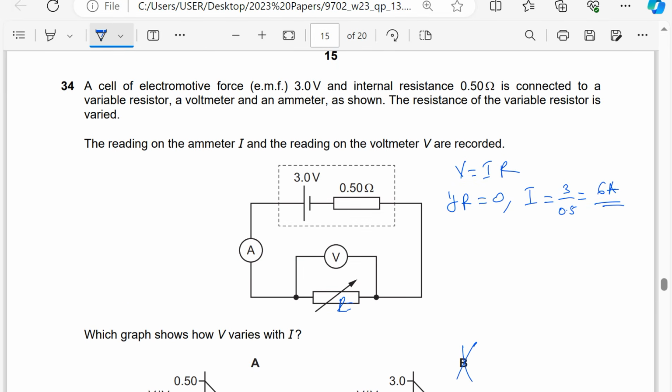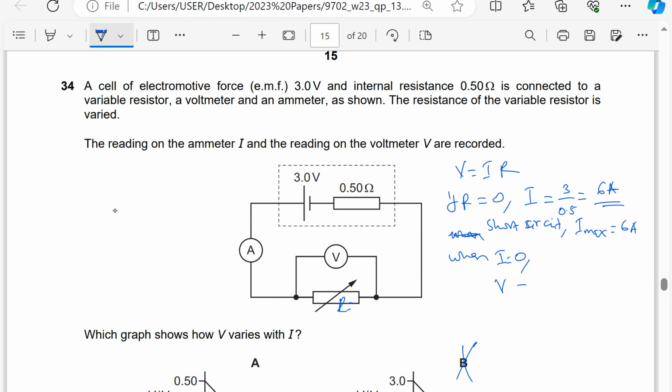If R is equal to 0, I is equal to 6, that is short circuit, so I maximum is 6. But when I equals 0, when there is no current being delivered in the circuit, then the reading of the voltmeter must be the EMF.